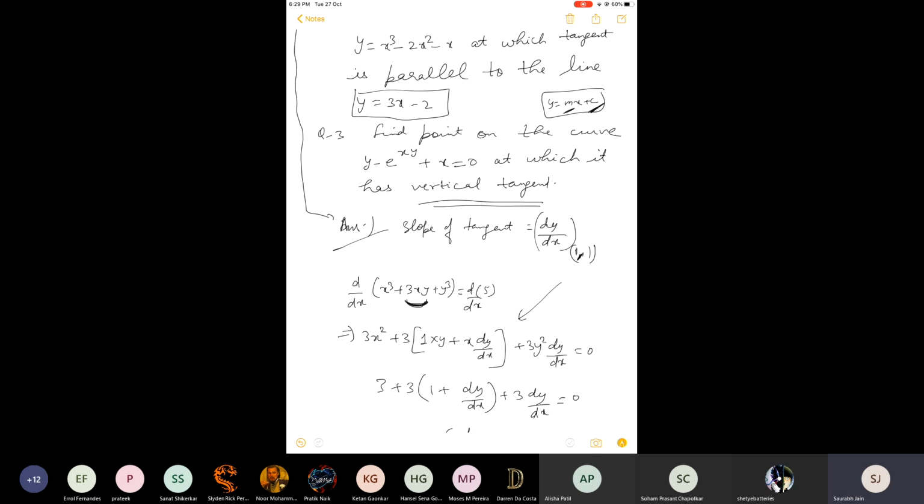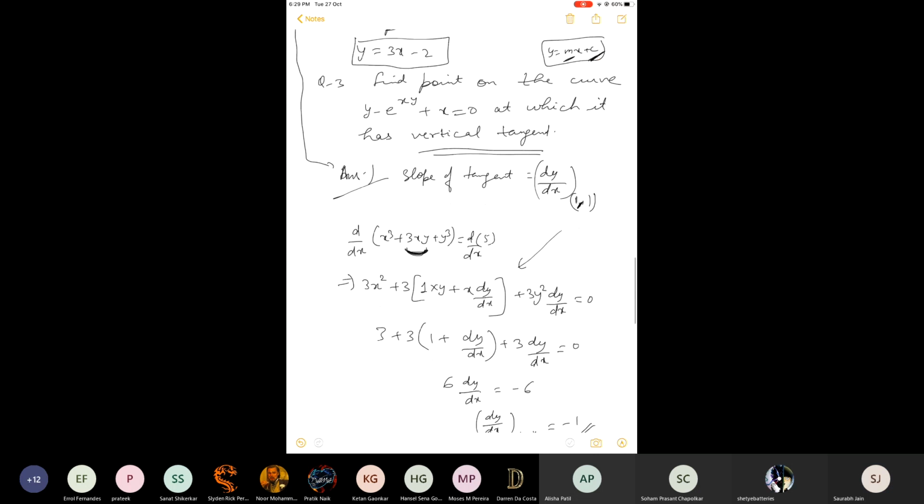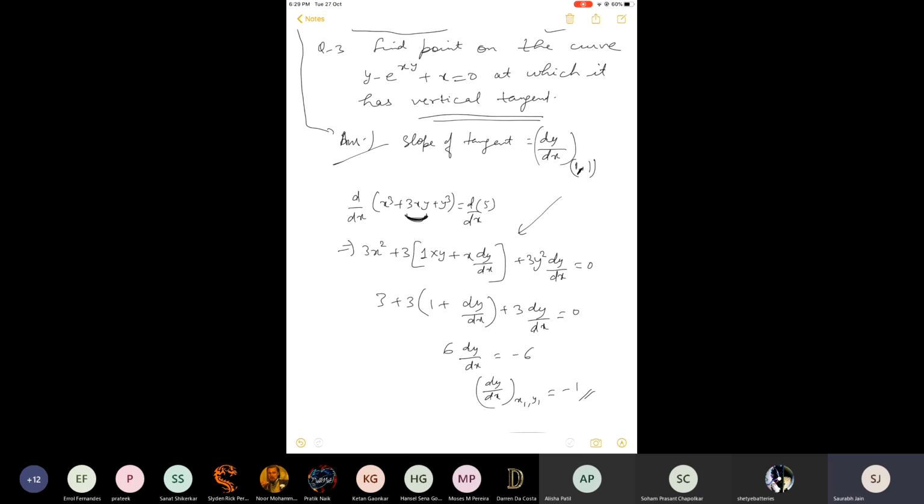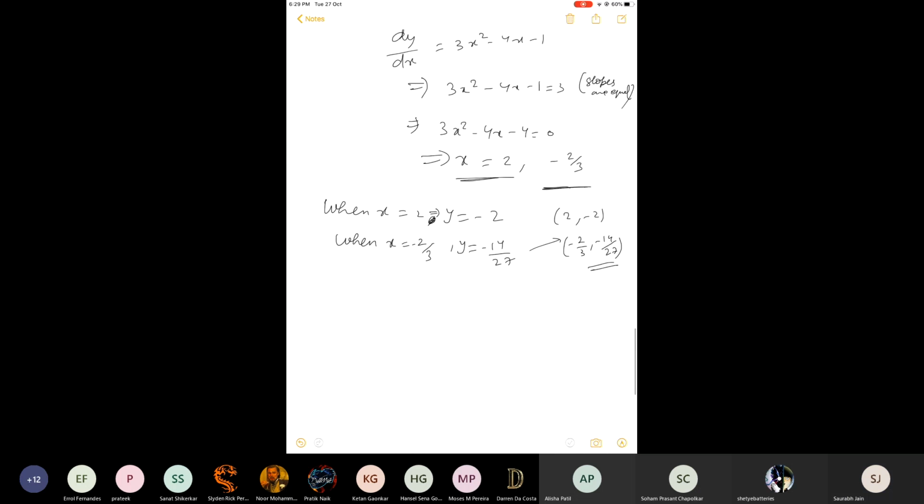Vertical tangent means, the curve is this, find the point on this curve for which, when we draw a tangent at that point, it is vertical. So y minus e to the power xy plus x. Yes, who can tell me about dy by dx?